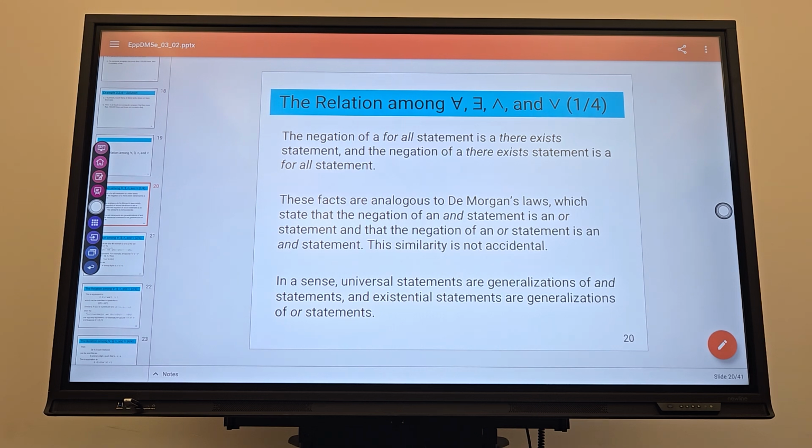These are analogous to De Morgan's law, which states the negation of an and statement is an or statement, and that the negation of an or statement is an and statement. In a sense, universal statements are generalizations of and statements, and existential statements are generalizations of or statements.